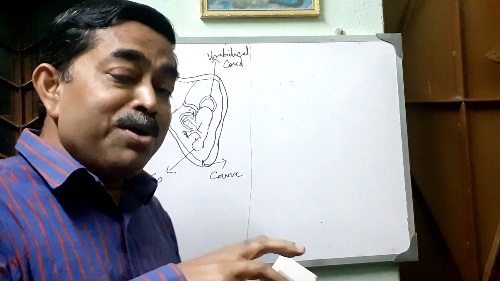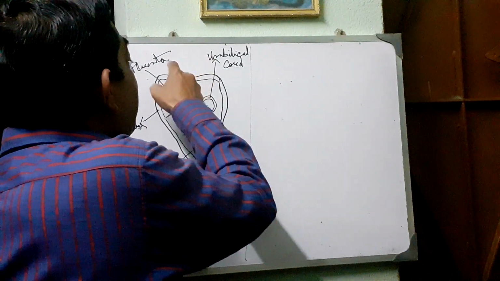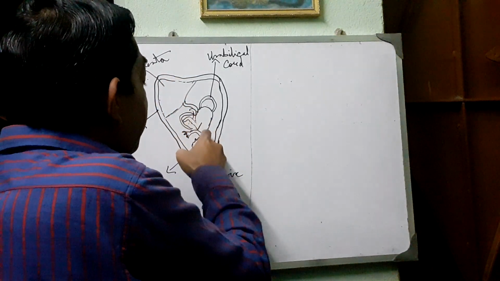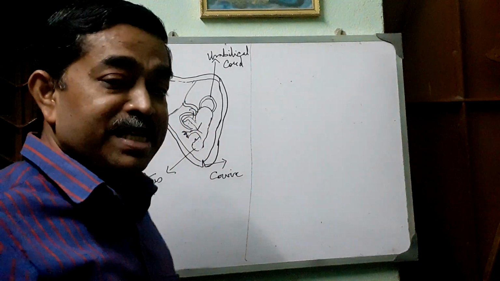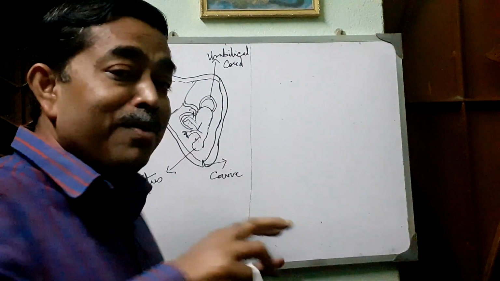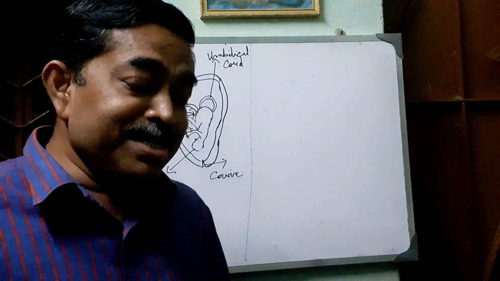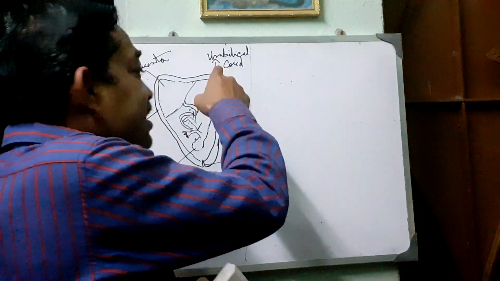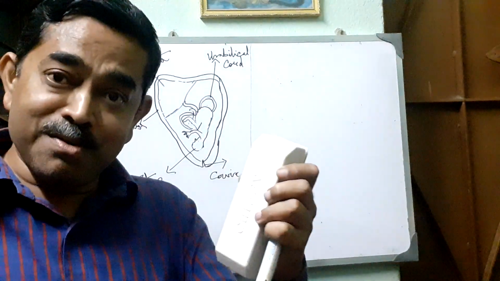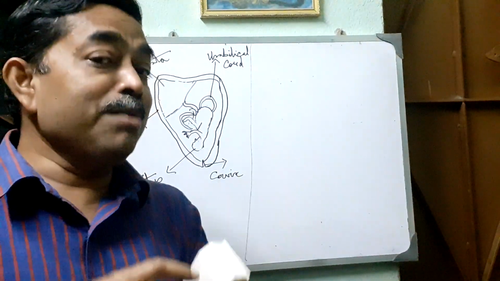This antibody-containing plasma of the mother will go through the placenta again and reach the fetus's blood, and the fetus's red blood cells contain the RH antigen. So this antibody will attack the fetus's red blood cells, and this will be the problem.